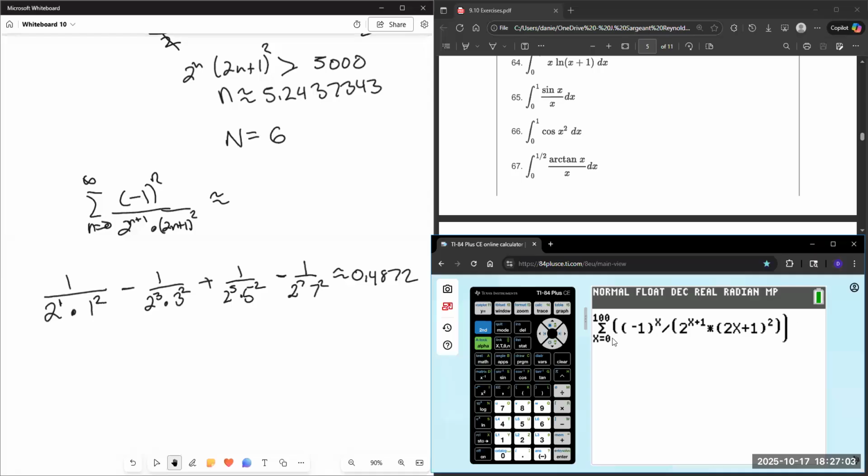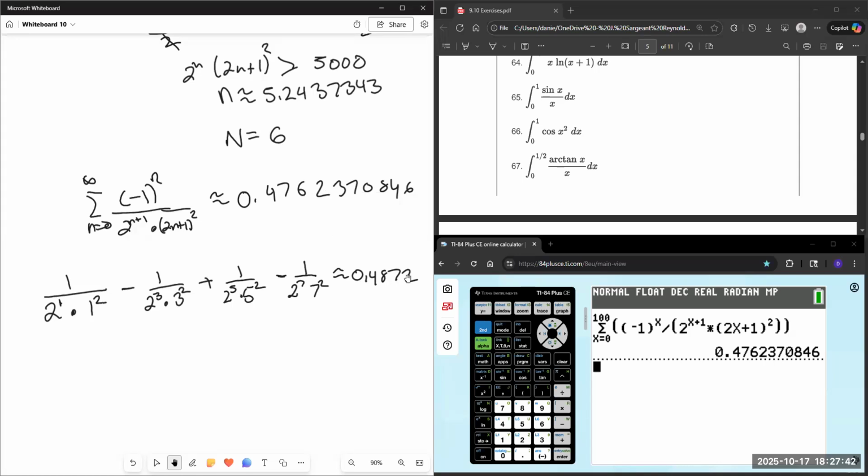So -1 wrapped, denominator wrapped, summation wrapped, go to delete. I had an extra parenthesis in there. So this is approximately 0.47623708446.